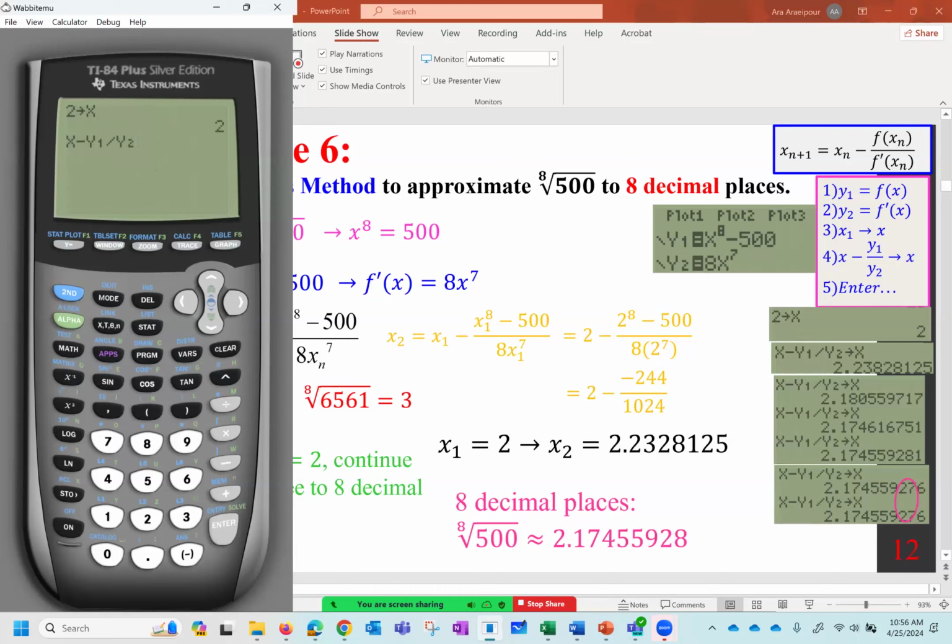So y1 divided by y sub 2, and we are going to store it again in x, and it gives us the first number, 2.238282125, as we had it here. And if you press it repeatedly, it gives you the numbers that we were looking for.